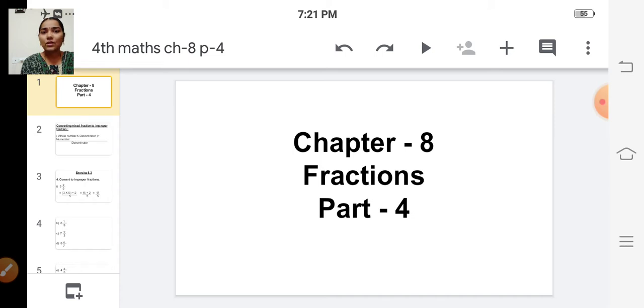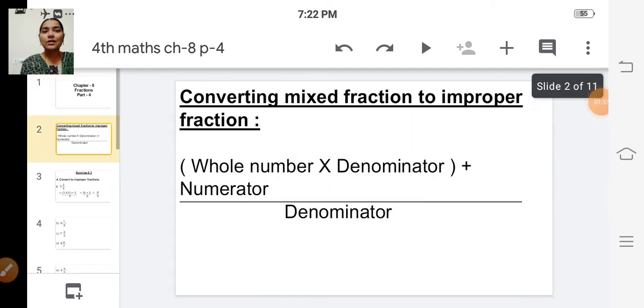So these are all the types of fractions we have learnt in the last class. So today we are going to learn how to convert mixed fraction to improper fraction.